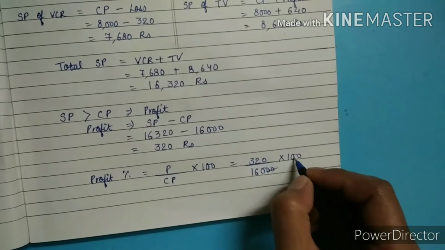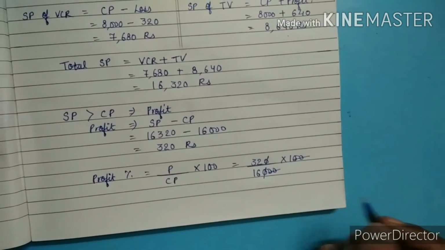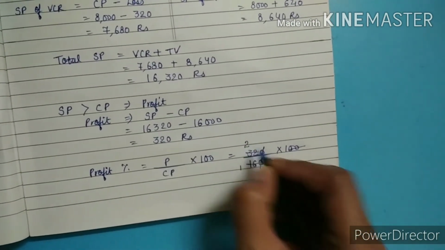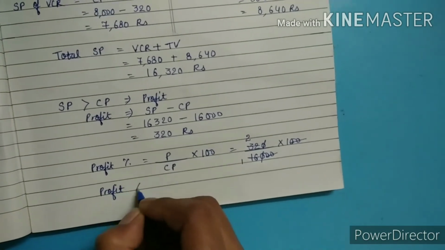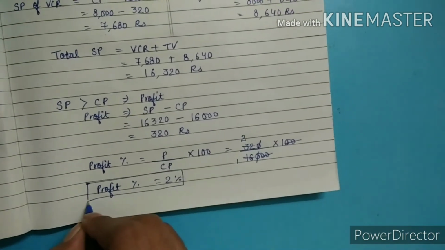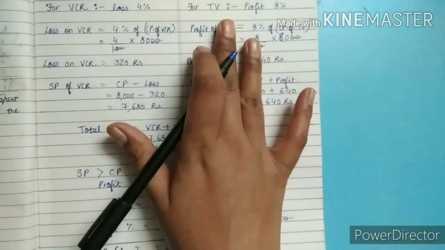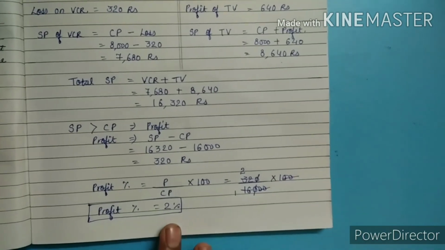So 00 to 00 cut, 10 to 10 cut, 16 1s are 16, 16 2s are 32. So profit percentage is 2%. After getting the loss on VCR of 4% and profit on TV of 8%, completely on the whole transaction we will get a profit of 2%.